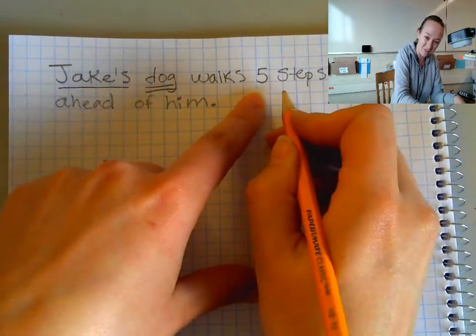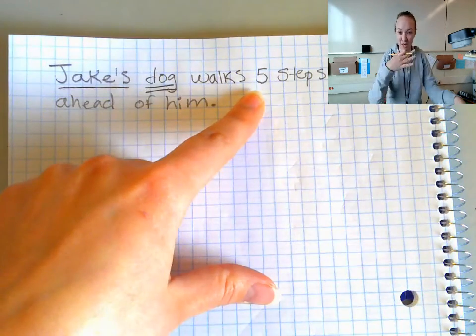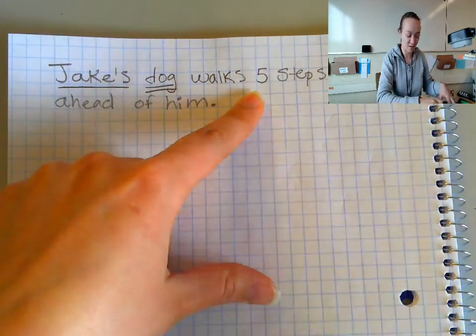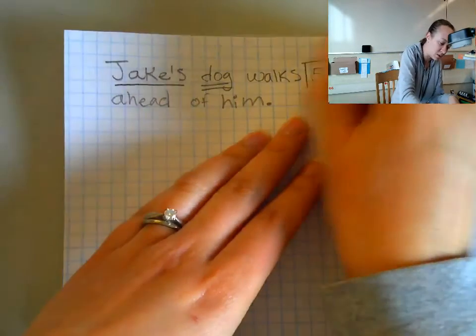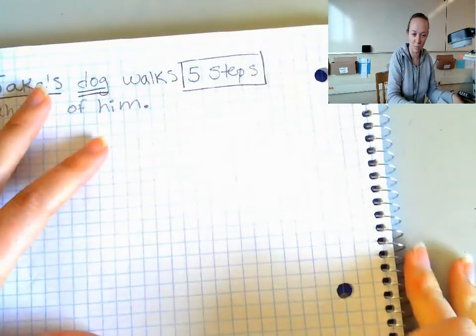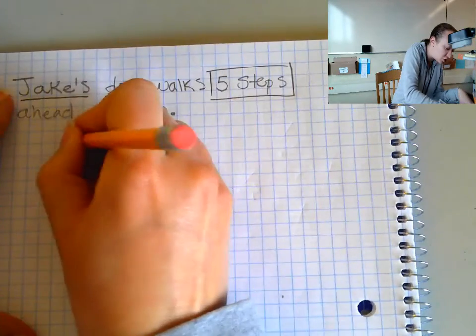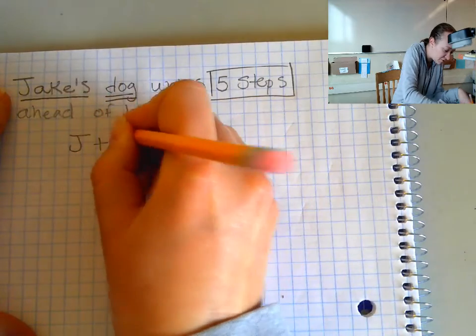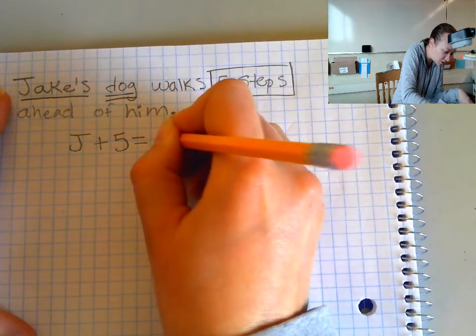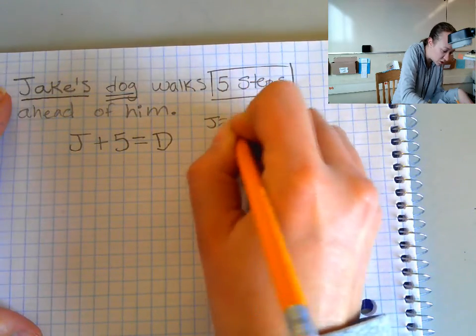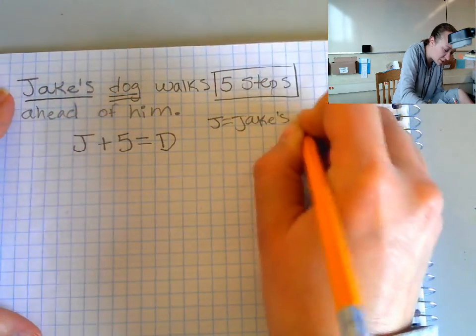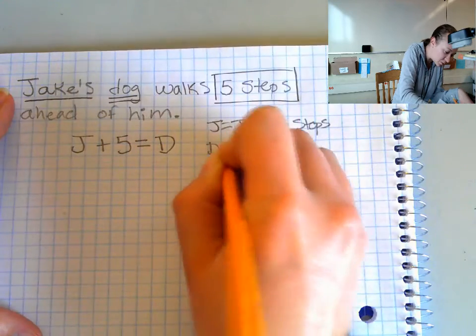And walking 5 steps is always going to be 5, so that's just going to be adding. And for adding, we said that we were going to box. So we're going to box the 5 steps. So then our rule would be that J plus 5 equals D, when J equals Jake's steps and D equals the dog's steps.